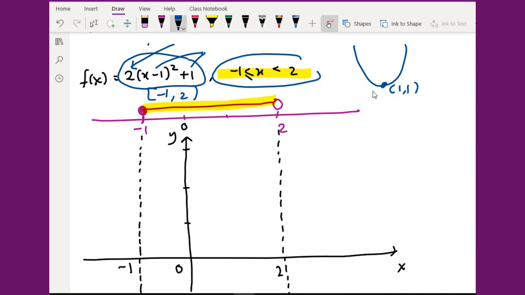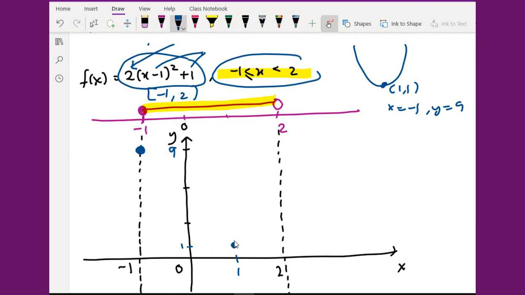The overall graph is like this. Just substitute the value when x is equal to negative 1: negative 1 minus 1 is negative 2, squared is 4, plus 1. So y is equal to 5. Let's say this is 5, and draw a filled circle. Next, you know 1 is the minimum value, so let's say this is 1.